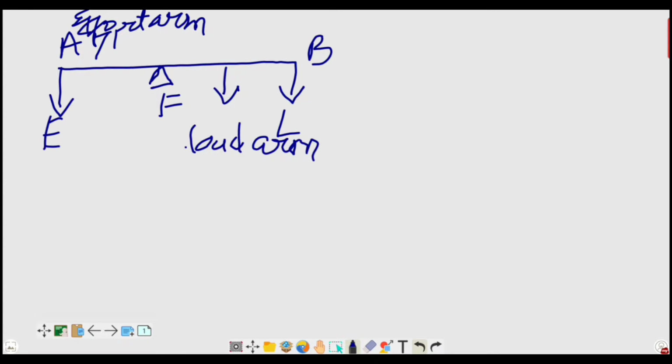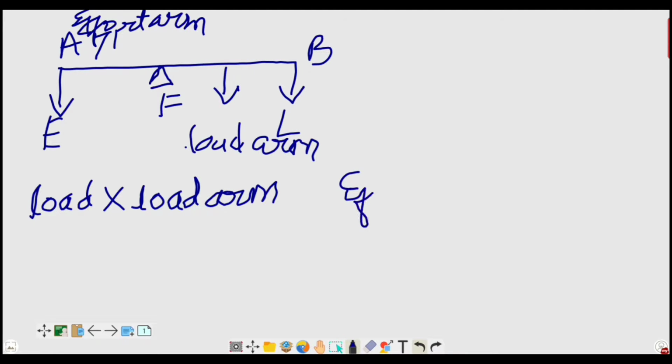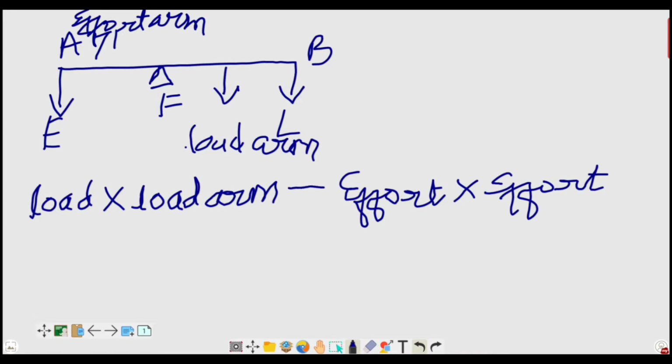So moment is force into perpendicular distance. So load into load arm will give me my clockwise moment, and same way effort into effort arm will give us the anti-clockwise moment. And you know the principle of moment, clockwise moment is equal to anti-clockwise moment.